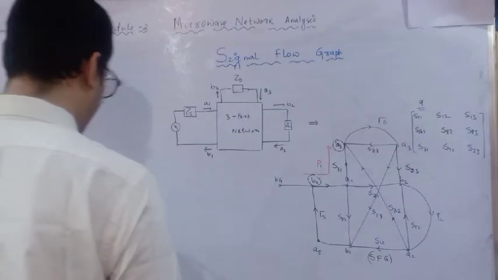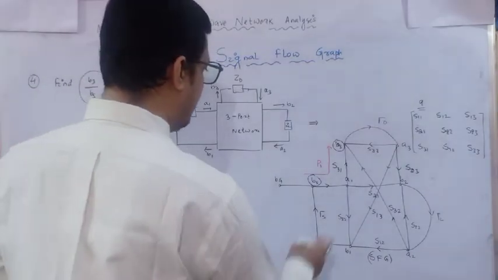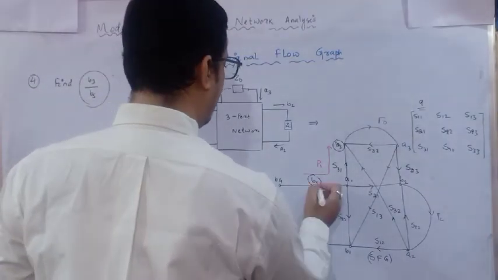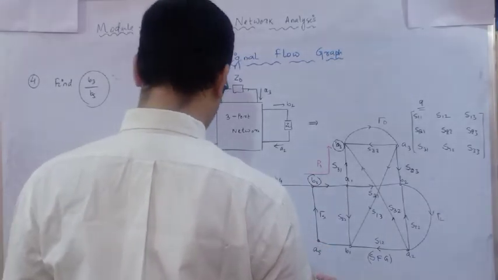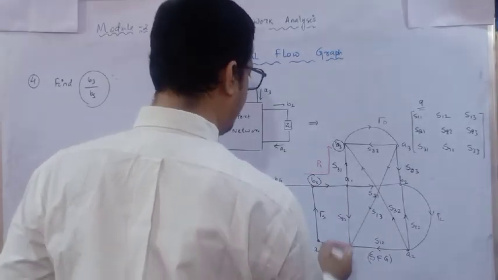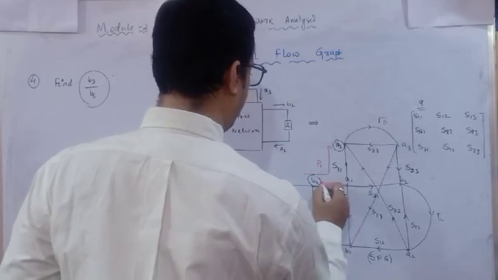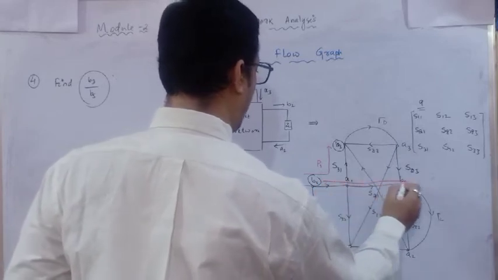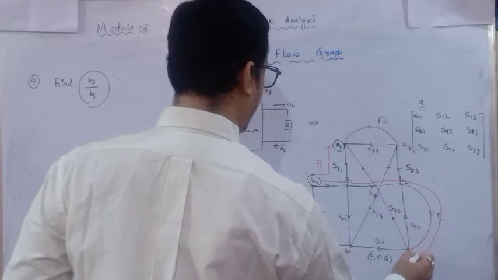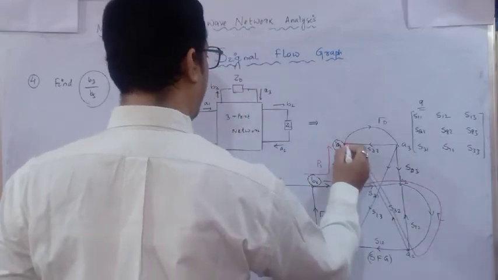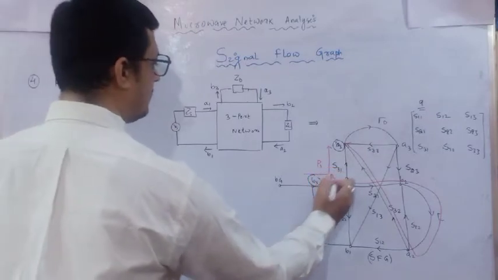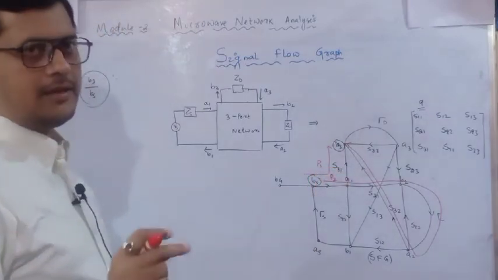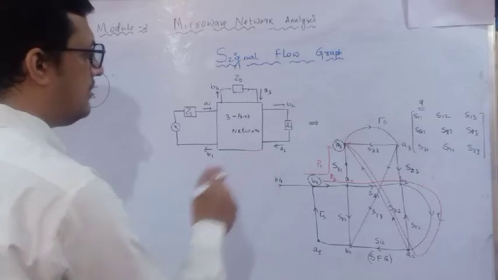The next path is from B3 through S21, the reflection coefficient, and S32, and reaches B3. So this is path 2. So there are two forward paths available with respect to this figure.